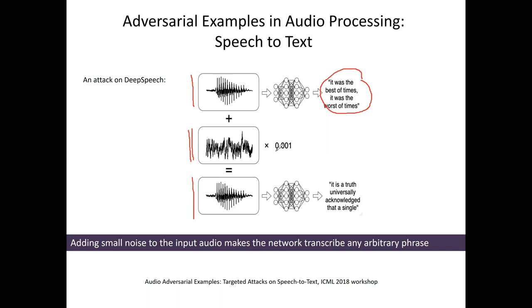However, the deep learning system can be fooled in this way and start producing incorrect translations, garbage translations. For instance, it's a truth universally acknowledged that a single, which doesn't make sense, right?